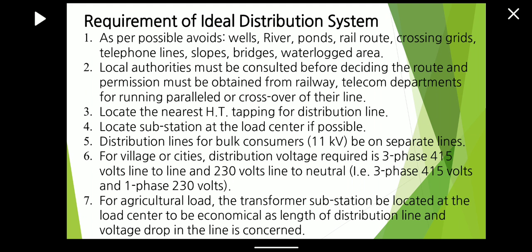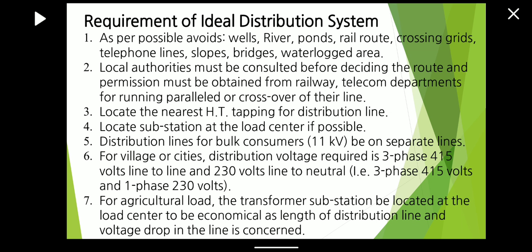Next, for agriculture load, the transformer substation should be located at the load center to be economical as far as the length of the distribution line and the voltage drop in the line are concerned. Excessive frequent deviations of the line should be avoided.